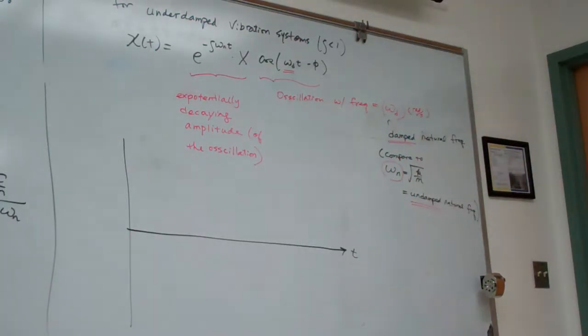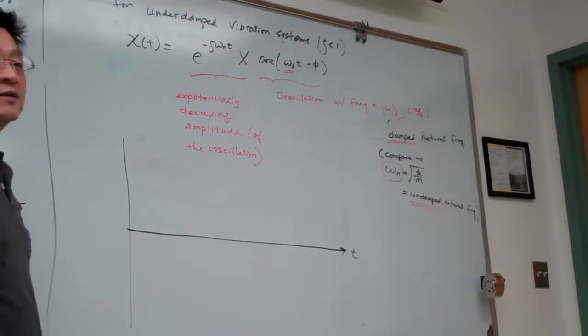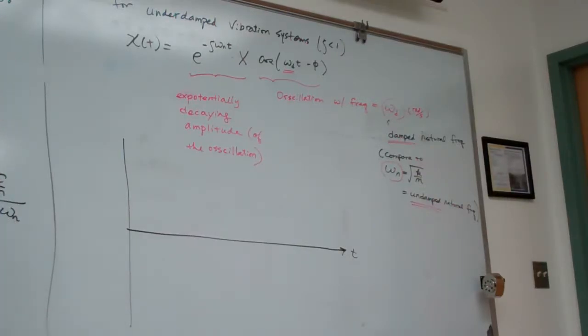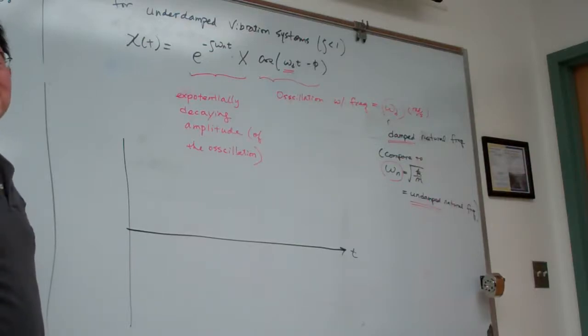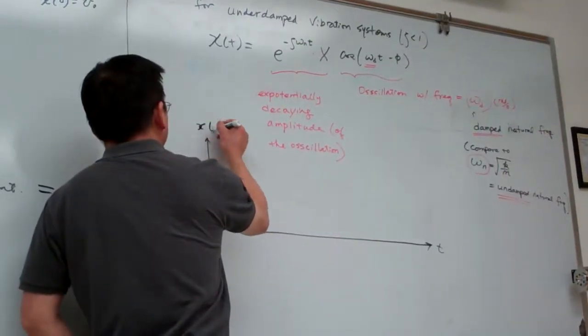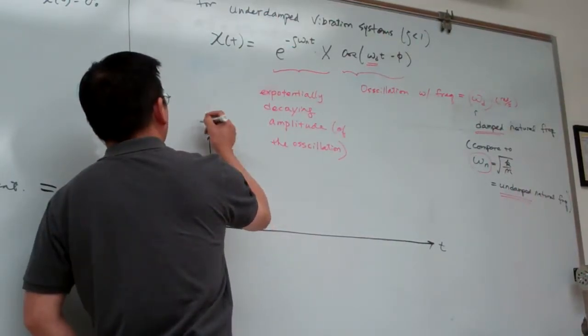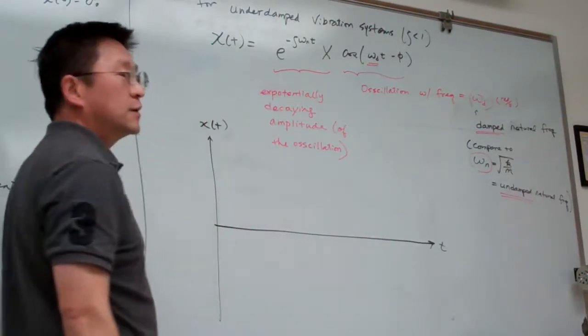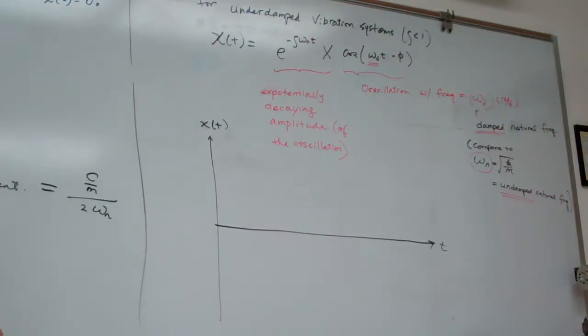The more time I spend on a topic, that means the topic is more important. So for goodness' sake, more exercises will be on the homework, and likely more chance on the test. Here is our x(t). With this detailed formulation of the information, we can plot.